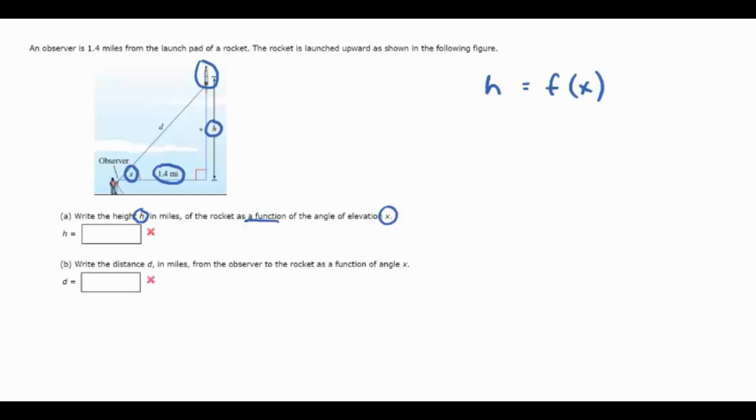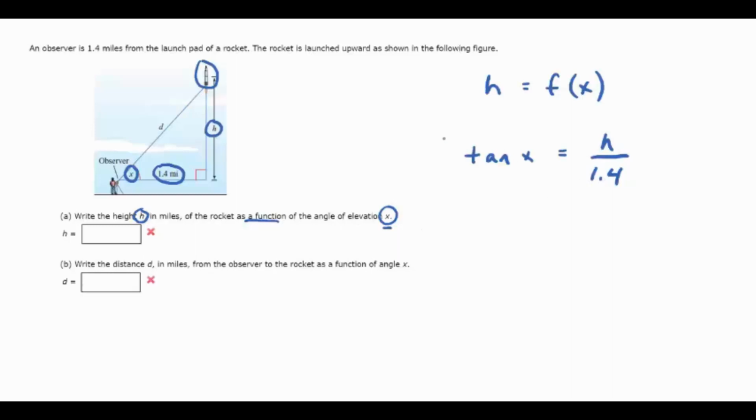In fact, when you think opposite and adjacent, you usually associate that with tangent. So you could say tangent of x is equal to h, the opposite, divided by the adjacent, the TOA part of SOHCAHTOA. And then if I solve this for h, I'll have exactly what they want, h in terms of some formula or function of x.